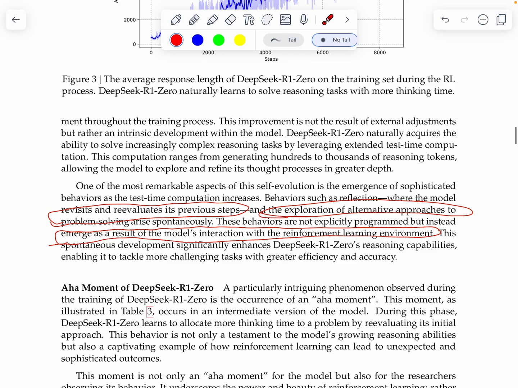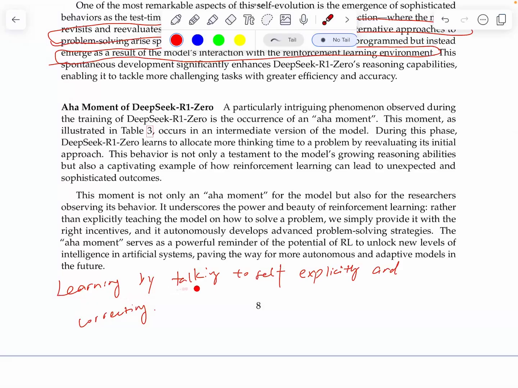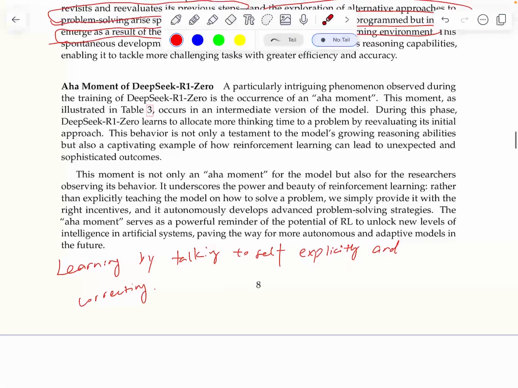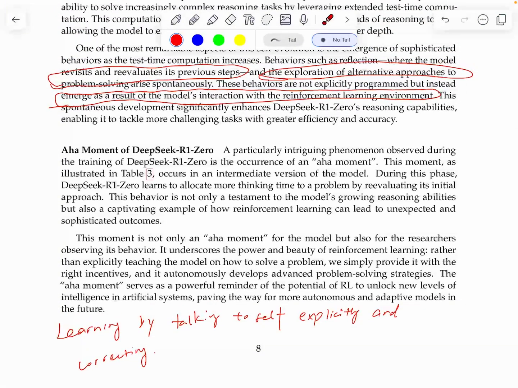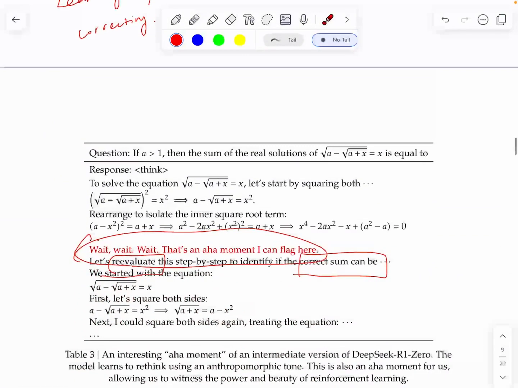So again, this is learning by talking to itself, and it has to be explicit: write all those CoT steps explicitly, and then correct itself to try to improve the performance or accuracy. If those are improved, then it will get a higher reward from the RL algorithm.